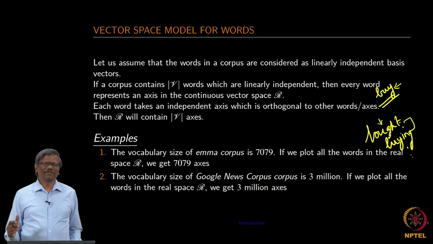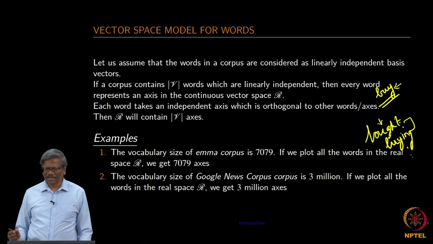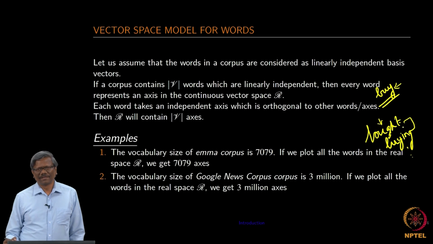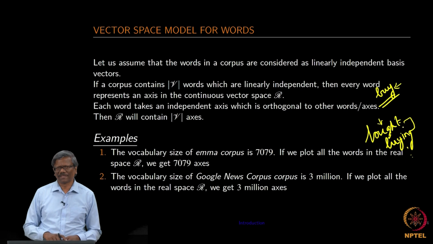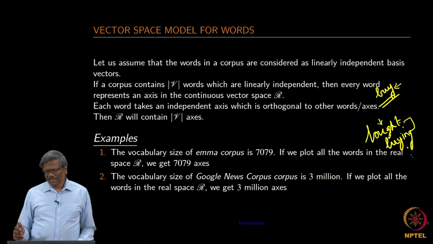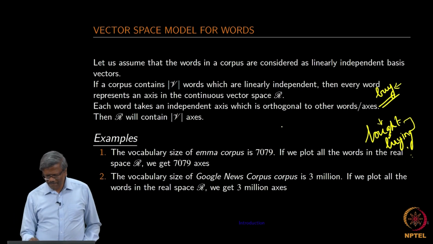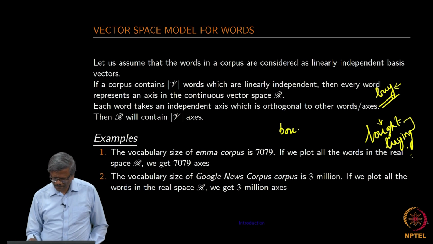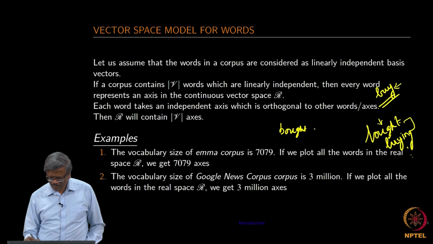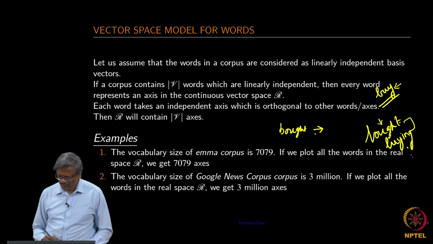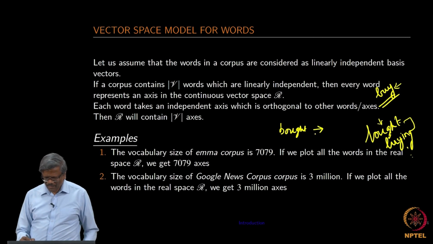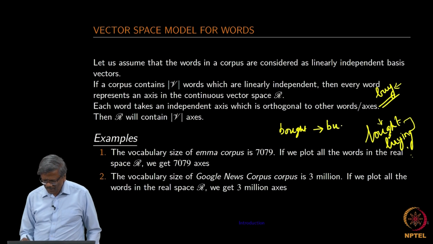There is one simple way we can do this: we can use either stemming or lemmatization. We will talk about the details of that a little later. When you give the word "bought", it will be converted to "buy".